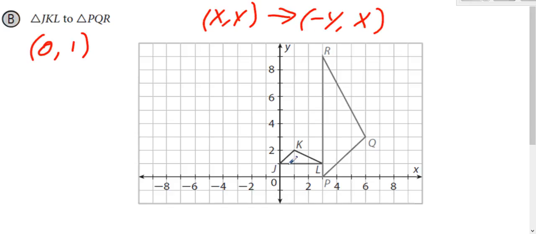So 0, 1 would actually go to negative 1, 0. K, which is at 1, 2, we go to negative 2 comma 1. And then L, which is at 3, 1, we go to negative 1 comma 3.